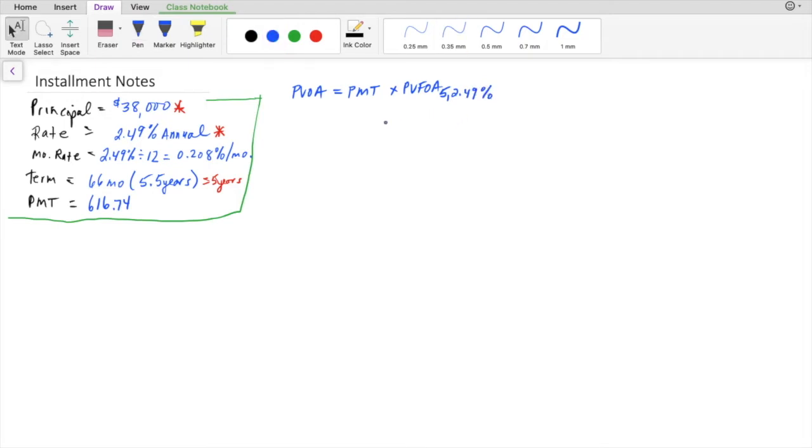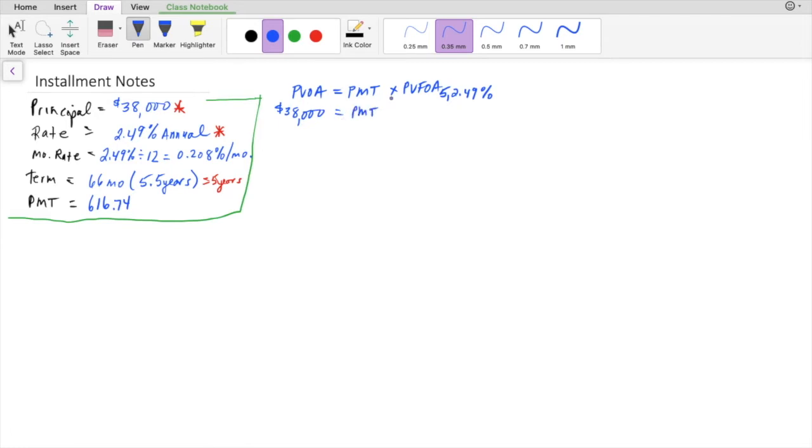So we're not going to be able to use a table for this, because 2.49% is not going to be in the table. So we'd have to use a financial calculator or do the actual formula with the math, which isn't that fun to do. So we are going to plug this information into Excel. We know that the present value of our annuity is the amount we're going to borrow, which is the $38,000.